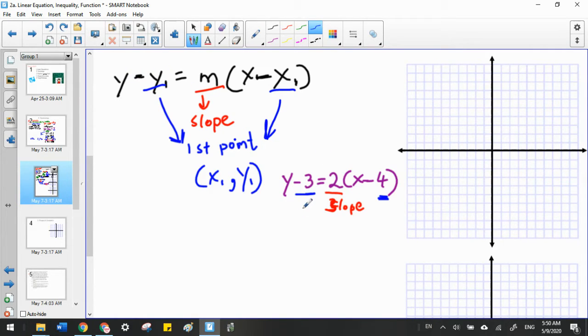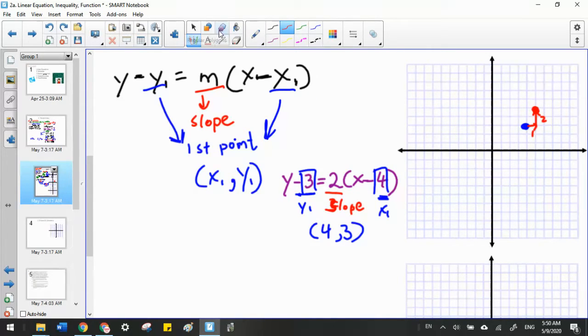So in this case, y1 is simply the 3 itself, and x1 is simply the 4, meaning my first point given to me is (4, 3). So I have 1, 2, 3, 4, 1, 2, 3 as my first point, and then my slope is 2, so I'm going to go right 1, up 2 in order to get to this point right over here.